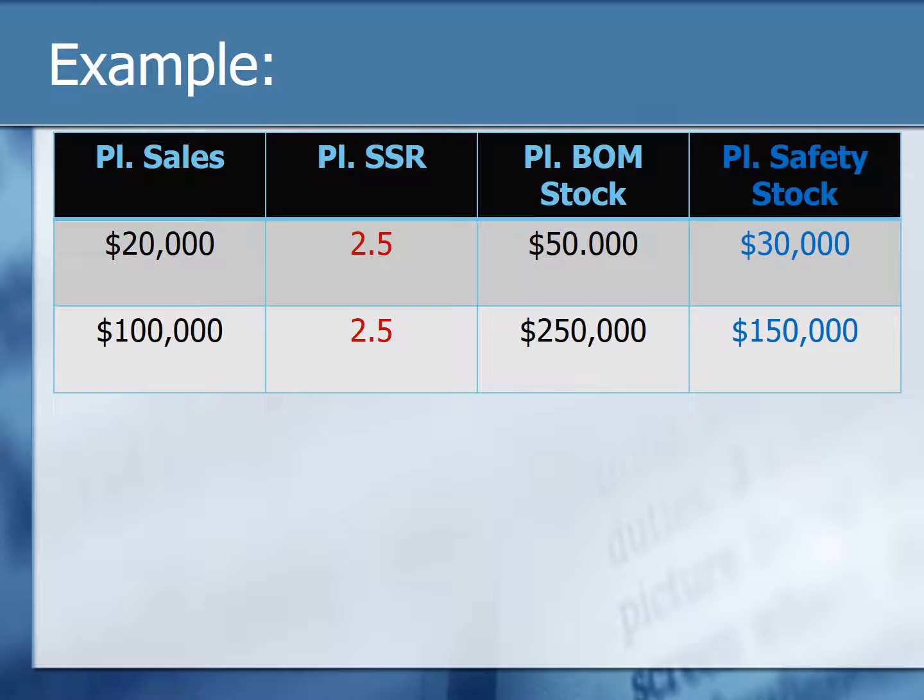So you would want to adjust this planned SSR level for the second month to be lower, right? So that you're not going to have to deal with such high remaining unsold merchandise sitting in the store at the end of the month.